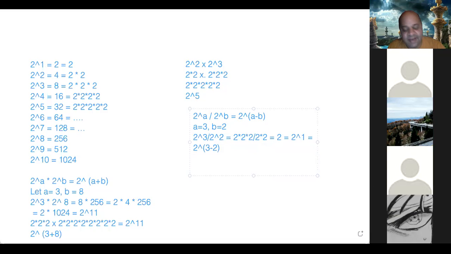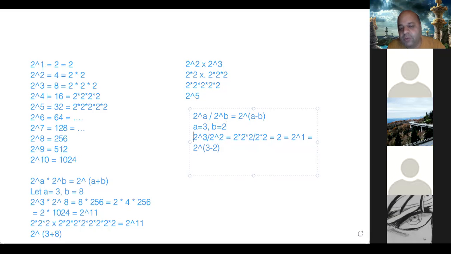We want to see what happens when you divide 2 raised to a by 2 raised to b. And can we simply write it as 2 raised to a minus b? This is what I'm saying. Now let us take an example. Let a is equal to 3. 2 raised to 3 is the numerator, and let b is equal to 2, so the denominator is 2 raised to 2.